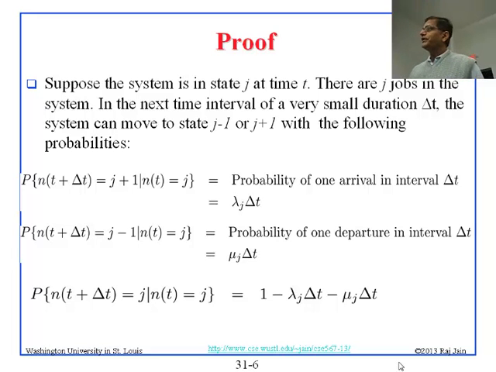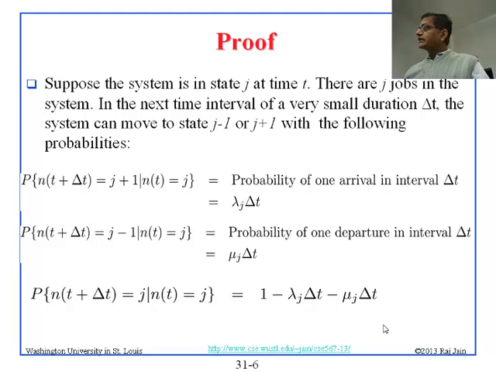This is the departure rate. So in time delta t, this is the probability of departure and this is the probability of arrival. And so my probability of staying at the same state where I am is 1 minus those two probabilities. There are only 3 possibilities in time delta t. Delta t is very small.